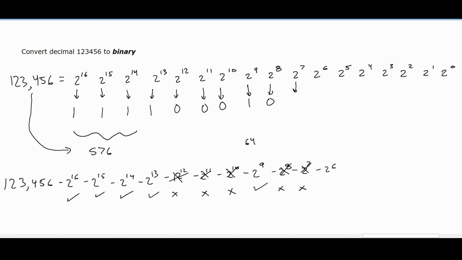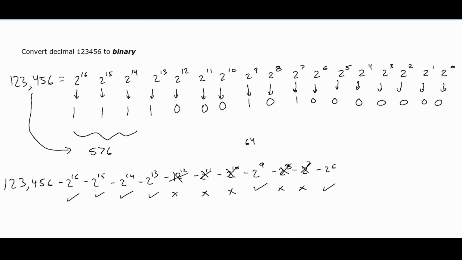Now we will try 2 to the 6, and 2 to the 6 gives 0. Well, that is a non-negative number, so that checks out. So we're going to have a 1 here. And once we've hit 0, we have nothing else left to do. So that means the rest of these are just going to be zeros. So we'll have a 0 here, 0 here, 0 here, 0 here, 0 here, 0 here, and lastly a 0 here.